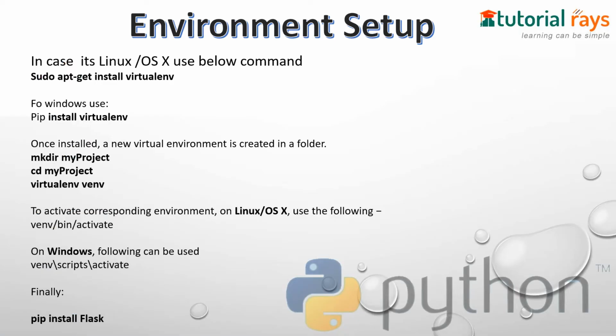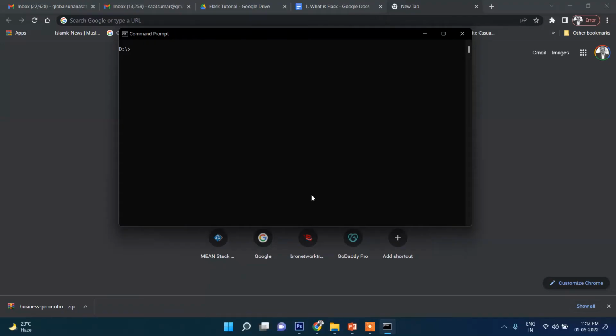So we will first run pip install virtualenv. Inside my D drive I will create a directory: mkdir flask tutorial, then cd flask tutorial.